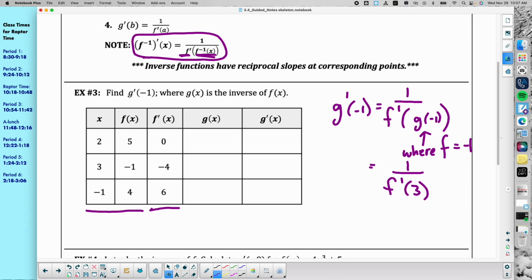Finding F prime of 3 is super easy on the table because it just directly tells you. So F prime of 3 would be -4. So 1/-4, which you'd probably just write as negative 1/4, but whatever.